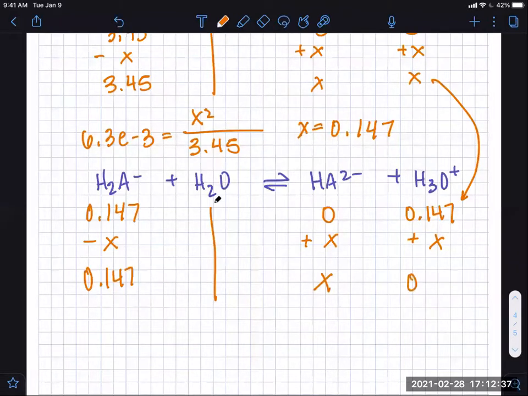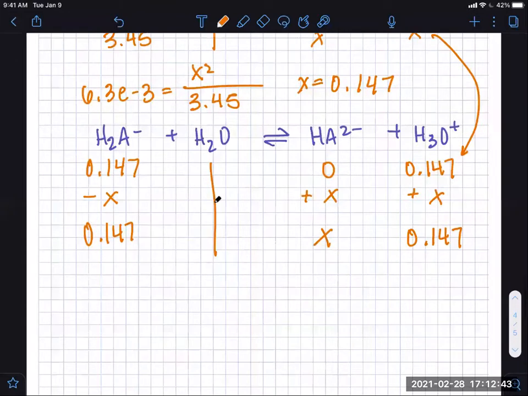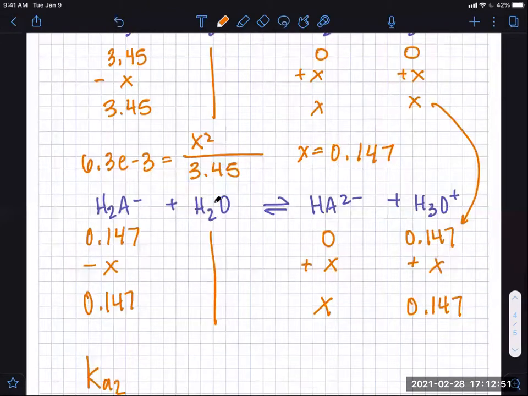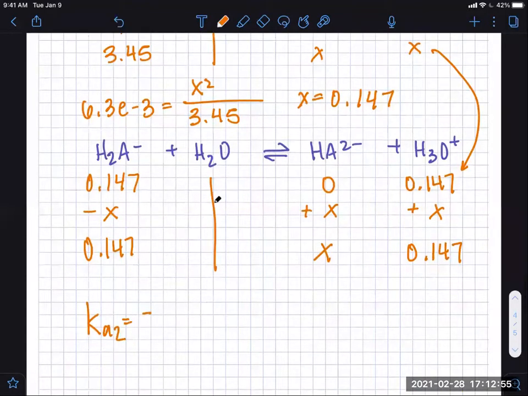Again, I'm going to simplify it over here as well, again because of the 5% rule. All right. So now we're going to use Ka2, which is 5e-5. This will equal products over reactants, and you'll see what happens.